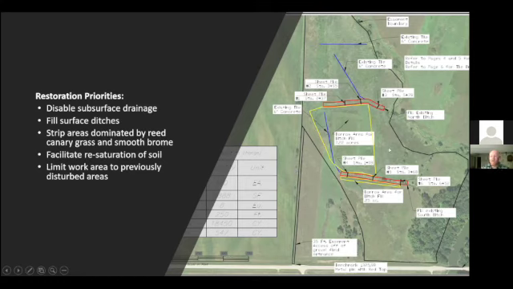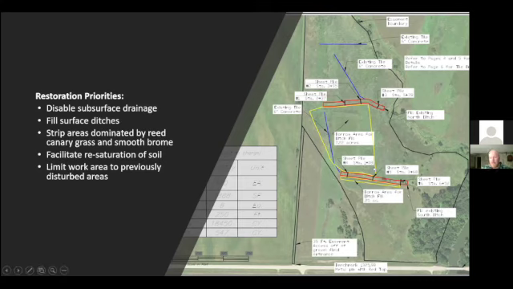So as John noted, fens in Iowa and the fen condition in general, the hydrology is sourced from the groundwater, so from bottom up. So what do we do to resaturate those soils? So disabling drainage, one, filling in the ditches, two, and then the third thing, to really try and cut off. So basically the ditches and the drains served to collect the hydrology and carry it downstream and eventually drain it to the Des Moines River.